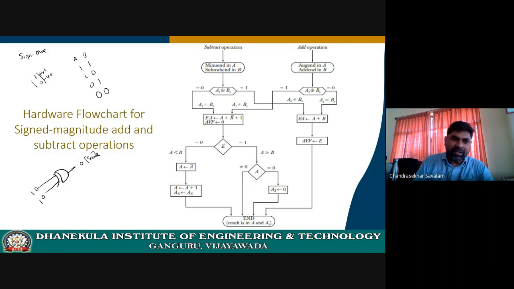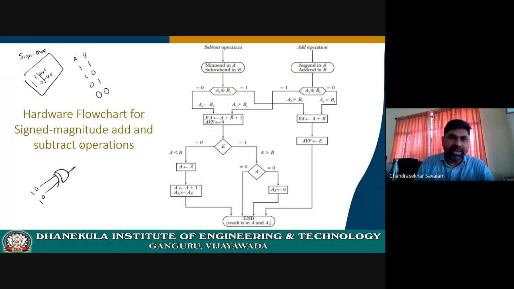So if you apply 0, 0, meaning minus minus, A having minus, B having minus, output is 0. Similarly, if you apply 1, 1, 1 meaning plus, as we initialized, the exclusive OR gate gives 0 output. So if the exclusive OR gate output is 0, both input signs are the same. Okay, students?